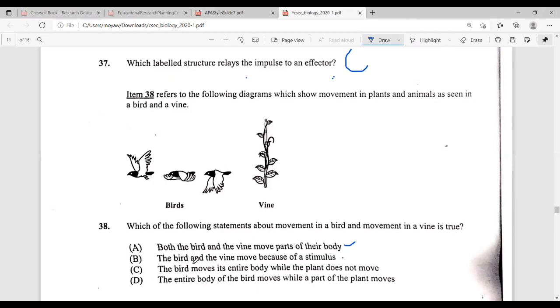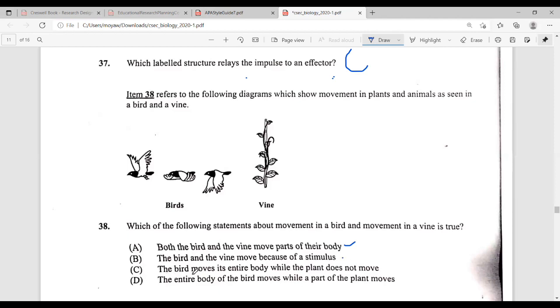C, the bird moves its entire body while the plant does not move. We all know by now that plants display movement, which is either growth movement or part movement. And then animals would display whole body movement or part movement. So C is out of it also.